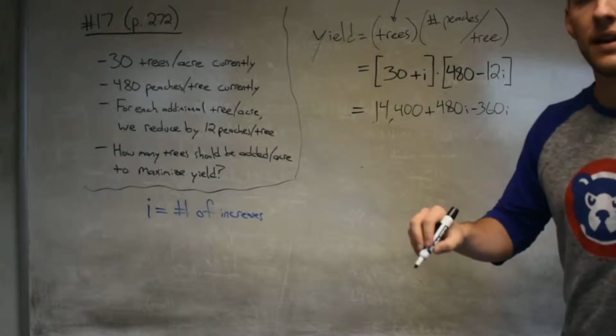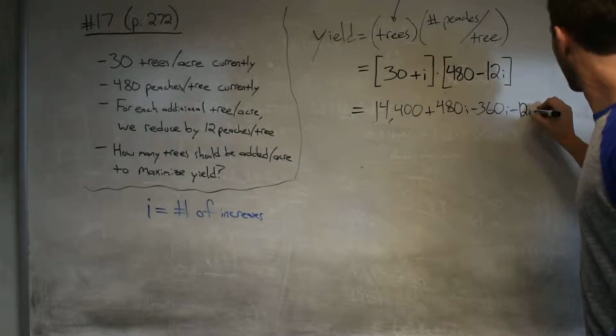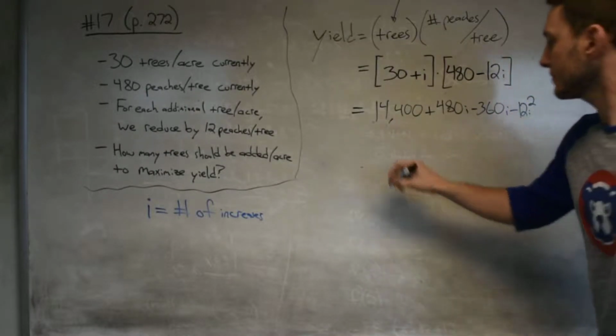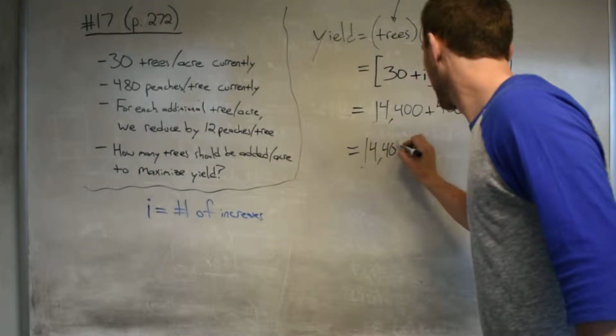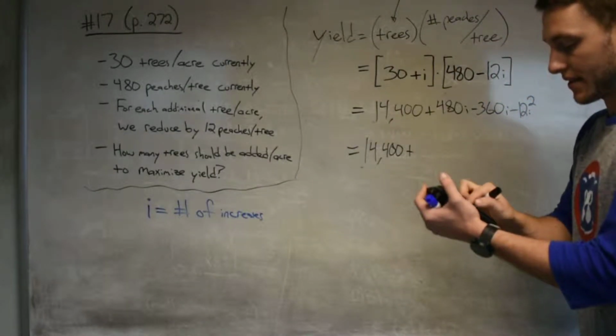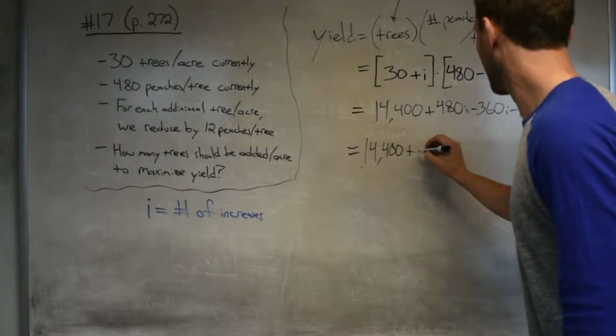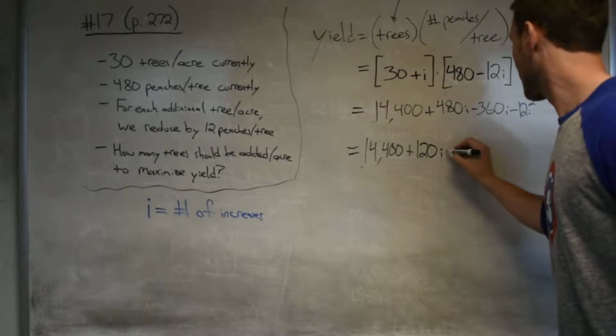And then last but not least, minus 12i squared. Or if we simplify, 14,400 plus 480 minus 360, 120i, and then minus 12i squared.